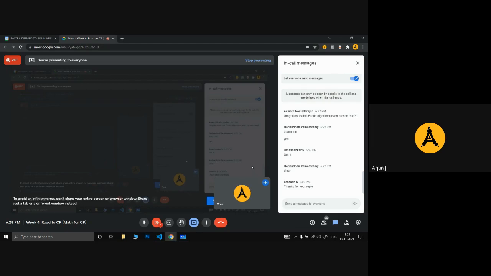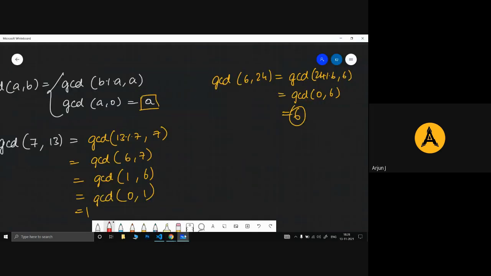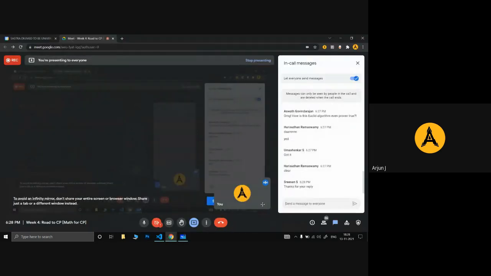Otherwise, we can take proofs and discuss. If you are really interested in the GCD algorithm and its proof, we have provided the link in the CP resource we are going to provide you tomorrow. Tomorrow we will be handing you a PDF which contains the lecture notes as well as links for you to study each concept in depth. So if you're really interested, you can have a look at the proofs.